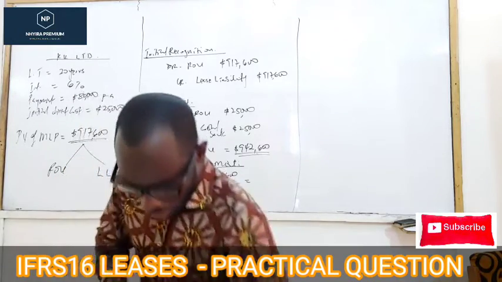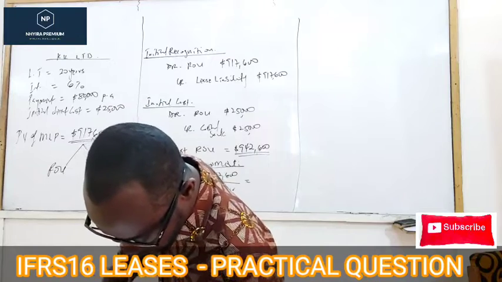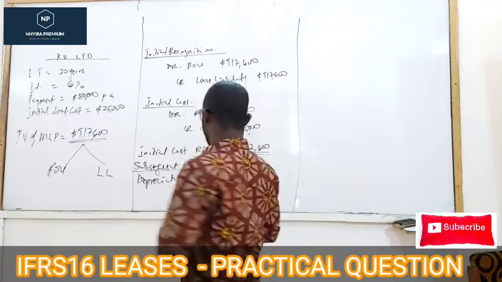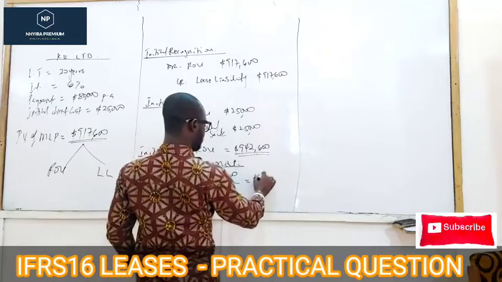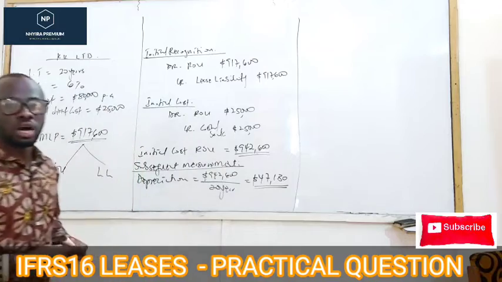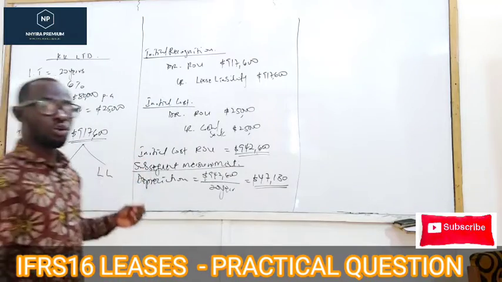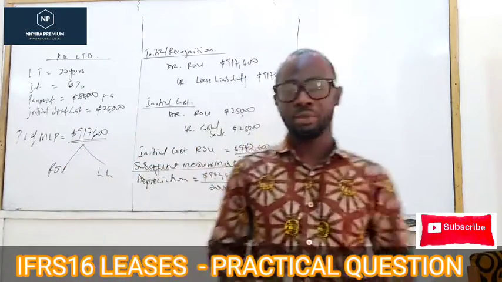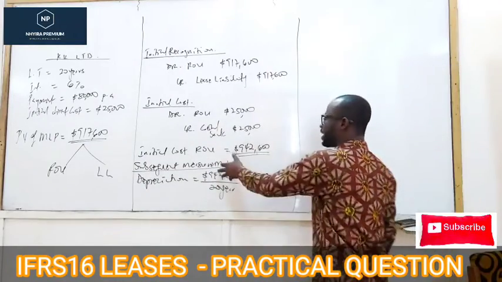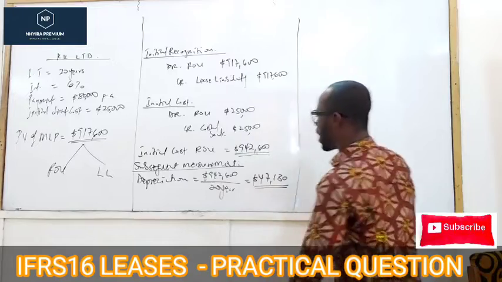And that, when we punch that out, will be $47,130. So this will go to our income statement. We'll do the income statement extract in a moment.